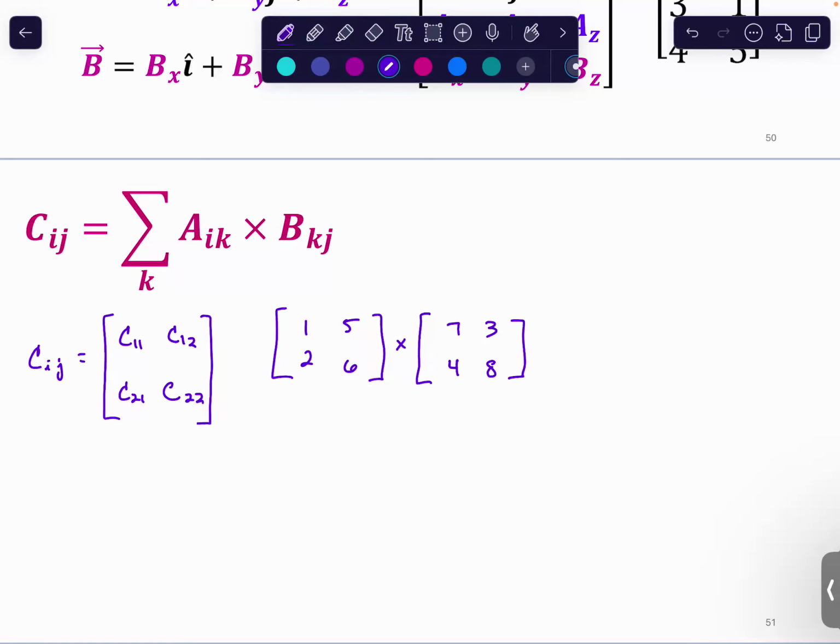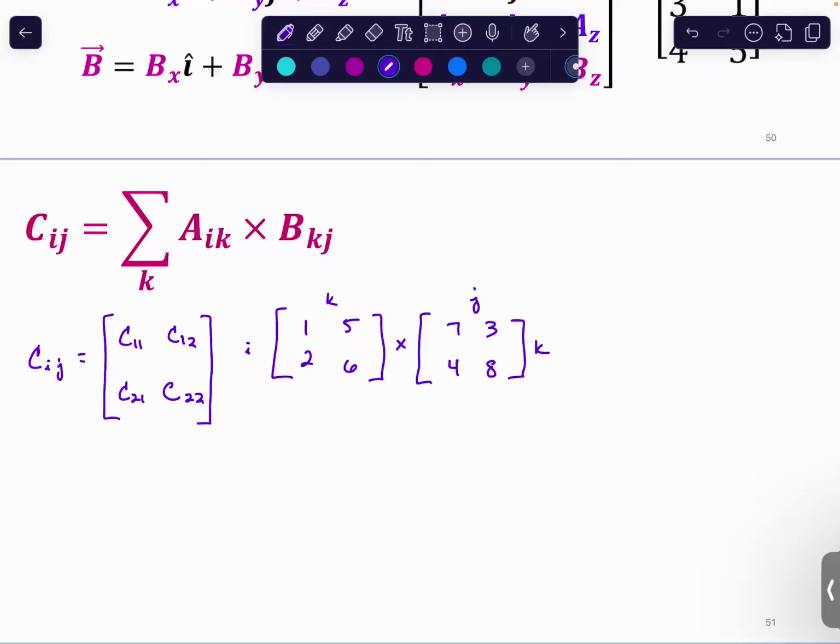Whenever you multiply them, your K's have to be the same, or you can't multiply them. So if I have 2 columns in the first one, I have to have 2 rows in the second one, or it won't work. So this one is rows, columns, and this one is columns, rows.